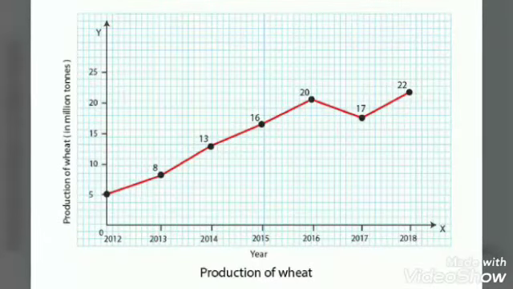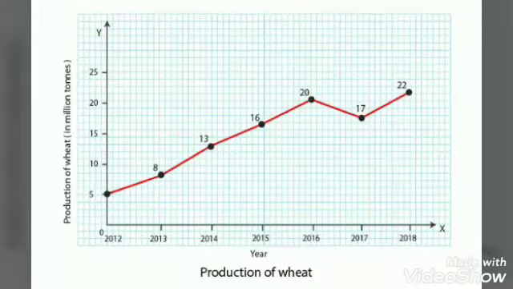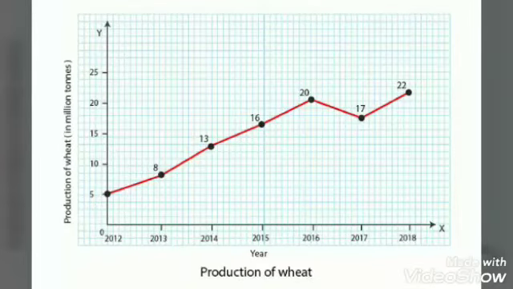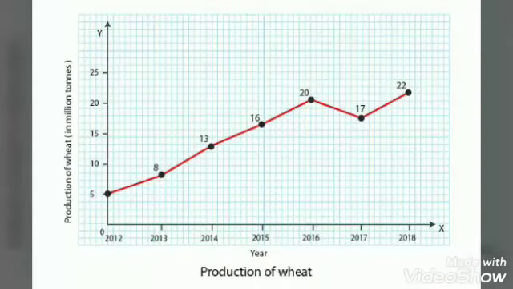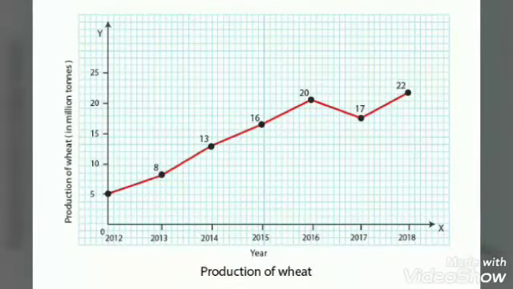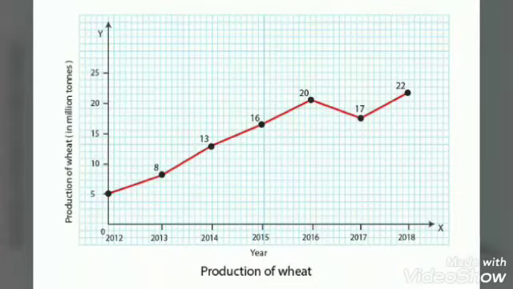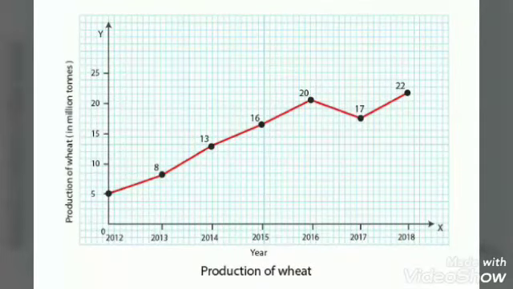Now the next thing that has been done is that with the help of a scale these points are joined together, and if you see the graph you will find that from 2012 the production of wheat has been increasing: from 5 million tons it has increased to 8 million tons, then to 13 million tons, then in 2015 to 16 million tons, then in 2016 to 20.